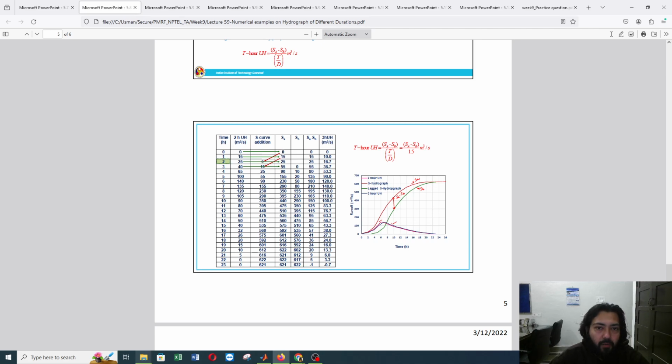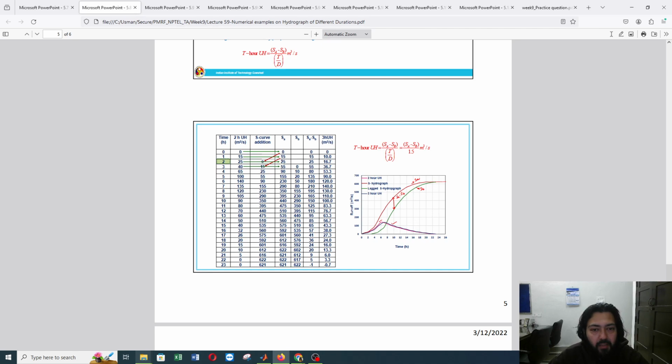Then the next thing is to calculate SA. The first element would be the same, the second the same, the third the same, because the time lag is 2 hours. Till 2 hours the ordinate of SA would be the same.